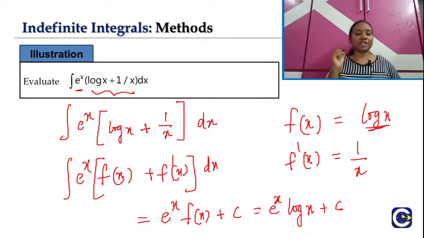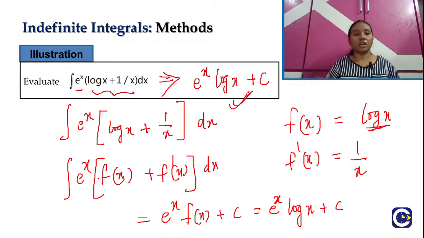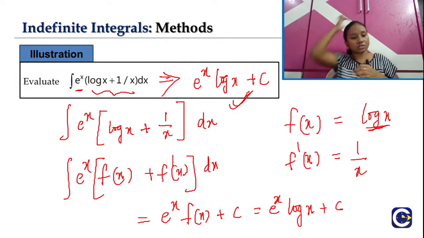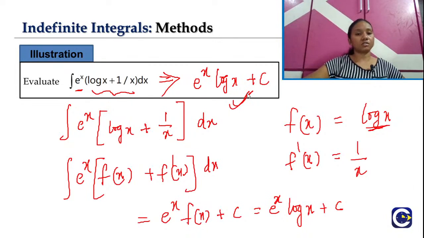So the integration of the given integral is equal to e power x log x plus c. This will be the answer here. I hope you guys are clear with this. If you are clear, we can move ahead with our next question.